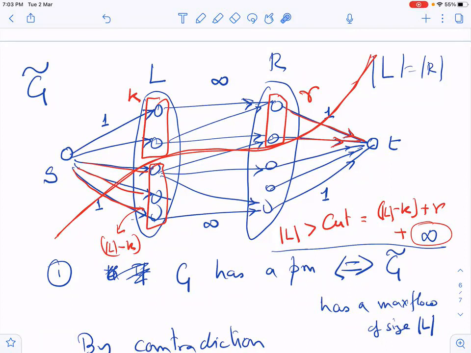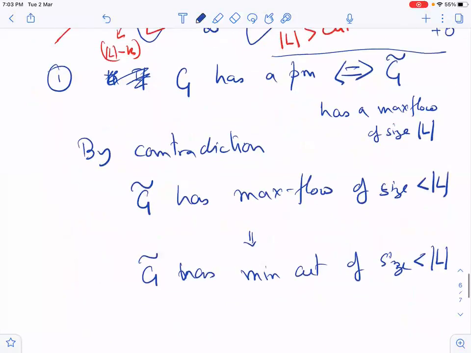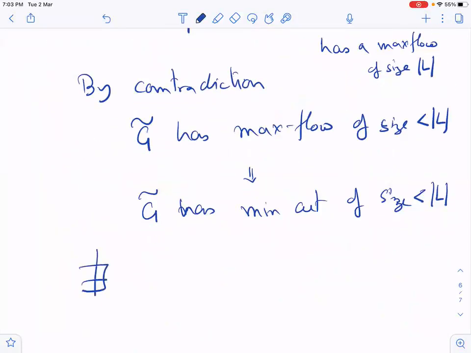Because of the infinite capacity, I have ensured that the minimum cut cannot cut any edge from this to this. So the total contribution for this one has to be 0. There is no edge.